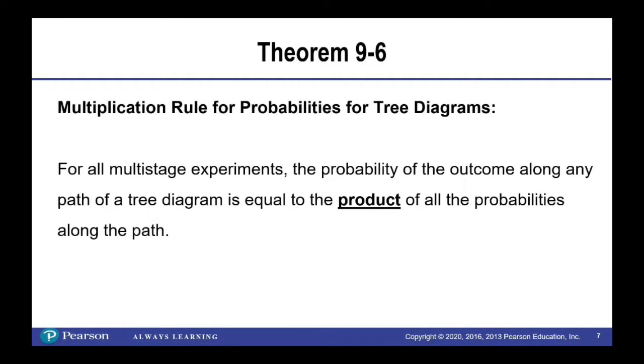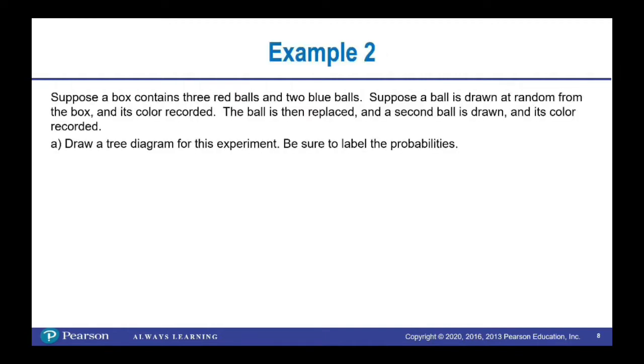In example 2, we have a box that has 3 red balls and 2 blue balls. We're drawing a ball at random, recording the color, and notice again that we are replacing the ball in the box, and then we're drawing a second ball and recording the color. So let's think about our tree diagram for this experiment. I want to think about my first draw. Well, I might draw a red or I might draw a blue.